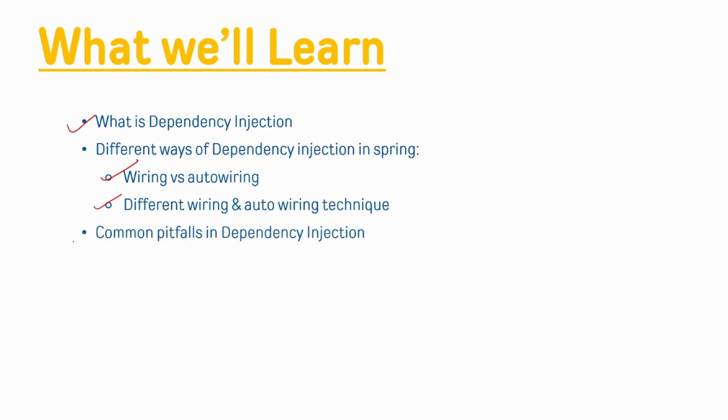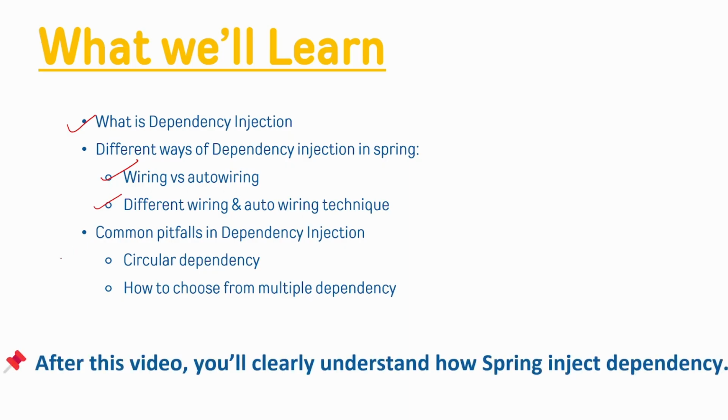Then we will learn about common mistakes or pitfalls in dependency injection, like circular dependency and how to avoid it, and how to choose the bean from multiple dependencies. After this video, you will clearly understand what is a dependency, what is dependency injection, and how Spring injects the dependency into our application.